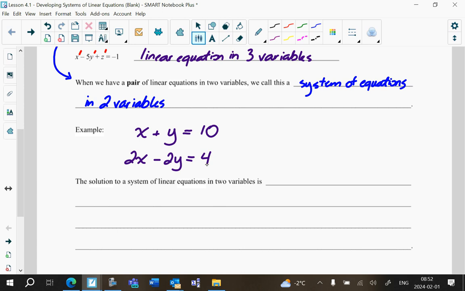And there are ways to figure that out besides just guessing and checking. But what we're going to do just to start is I want to just show you what they look like and what a solution looks like. So here we have an example. What's the solution? It's the values of the variables that make both equations true.